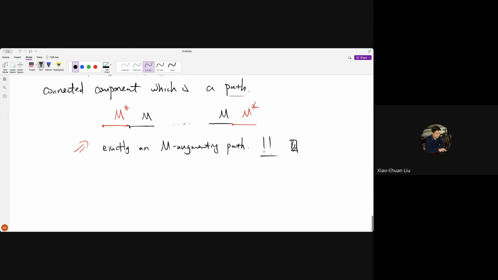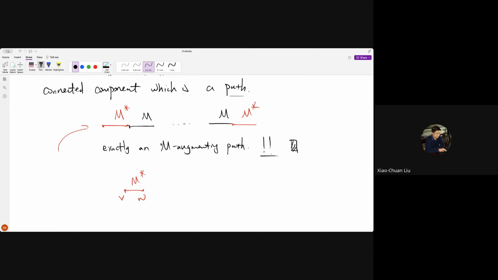If M star has much more edges, it's possible some connected component is just like this. This is a component. Both V and W are not covered by M. It's a special case of this argument.